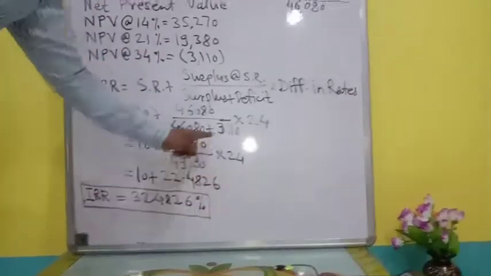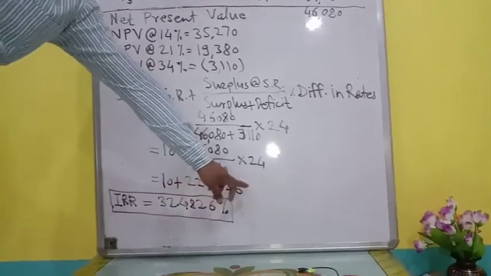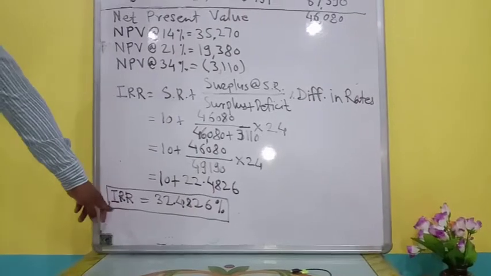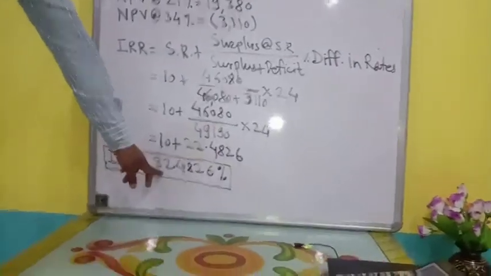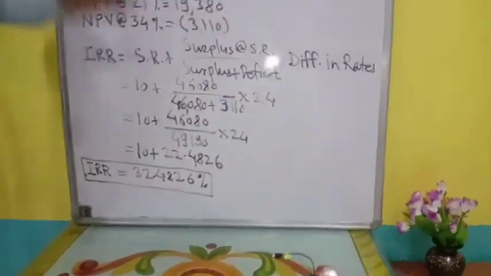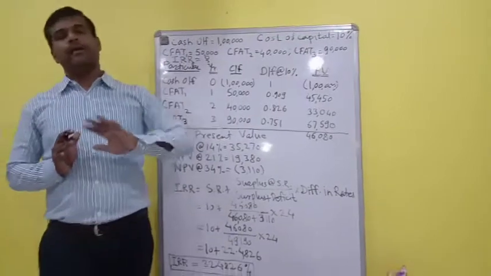Then I did the calculations and found 10 plus 22.4826. Adding 10 plus 22.4826, I got the final answer, that is IRR, which is equal to 32.4826%. So this is the methodology by which you can calculate internal rate of return.